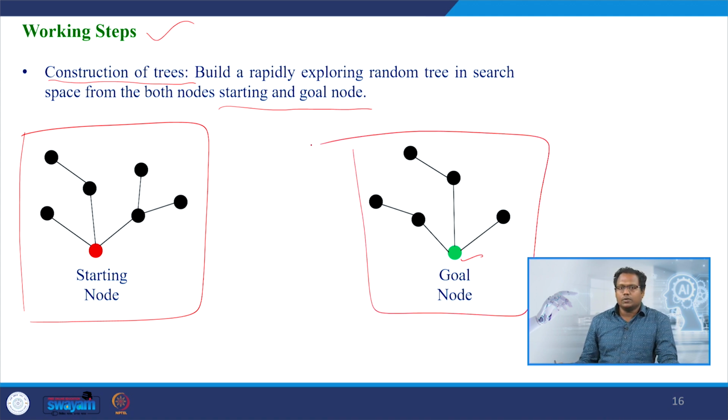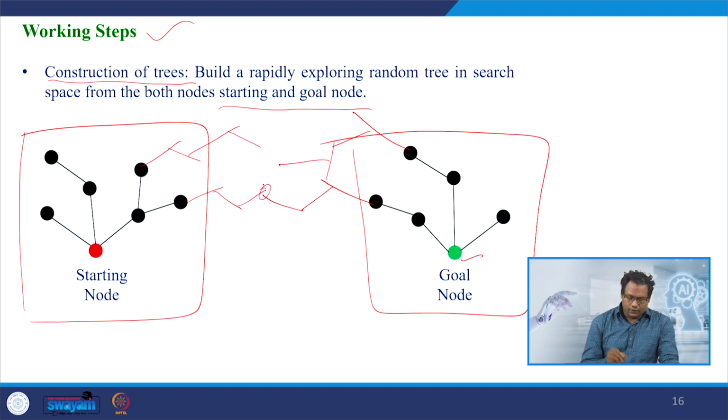Now, we have to have this RRT Connect algorithm in such a way that this tree is extended and this tree is extended, and if they meet, then we need to stop that process.